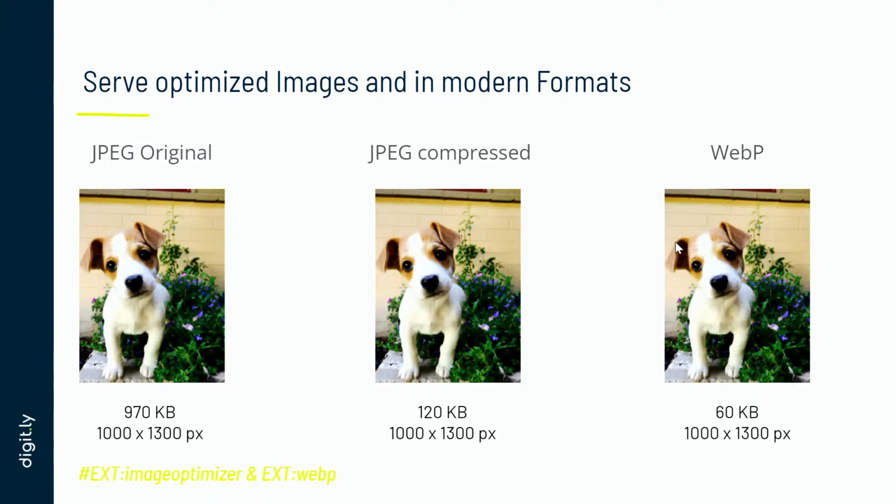That's really a huge improvement. And all modern browsers support WebP, so it's really recommended to use WebP images. For this, I recommend Image Optimizer for optimized images and WebP for WebP-generated images. So both together work very well.